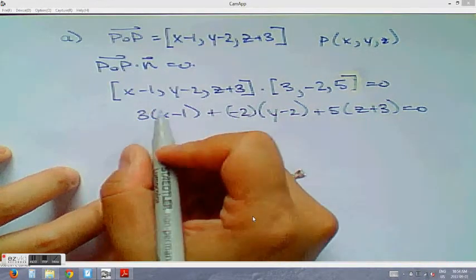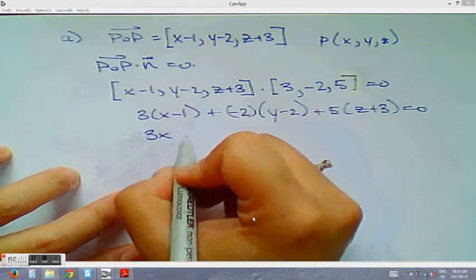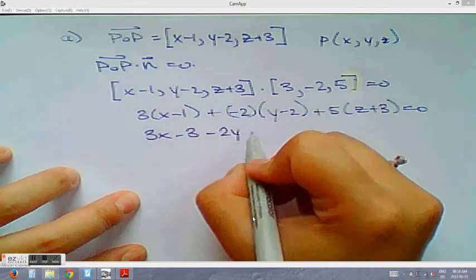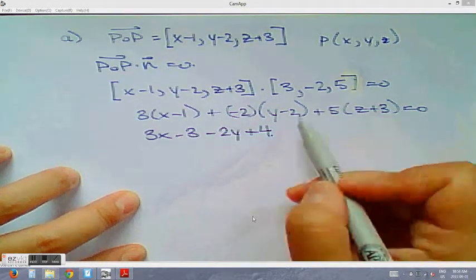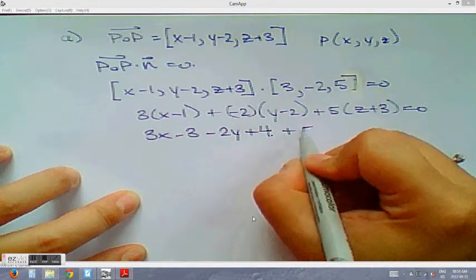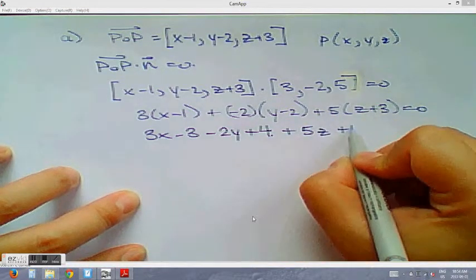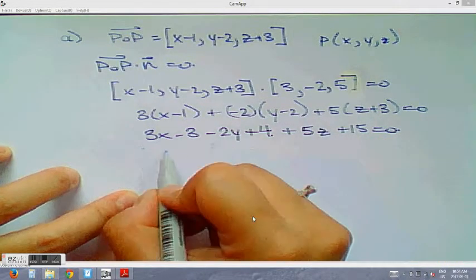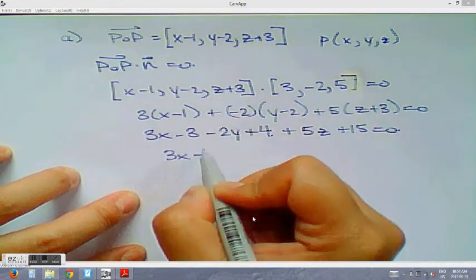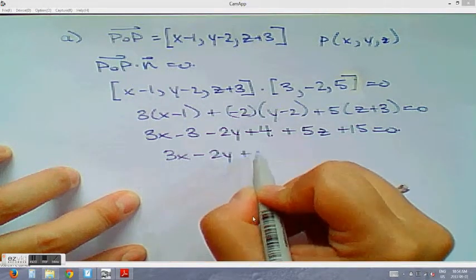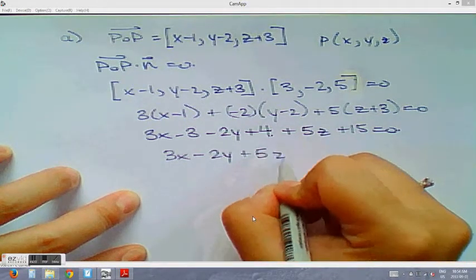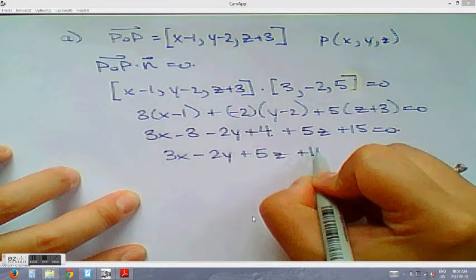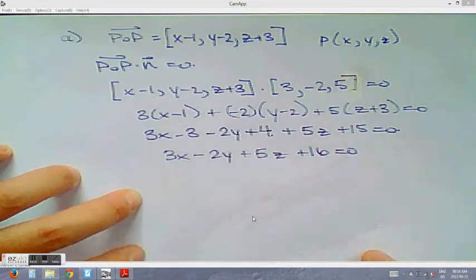Let's expand that out. So 3x minus 3 minus 2y plus 4 plus 5z plus 15 is equal to 0. Simplifying and collecting like terms, we have 3x minus 2y plus 5z plus 16 is equal to 0.